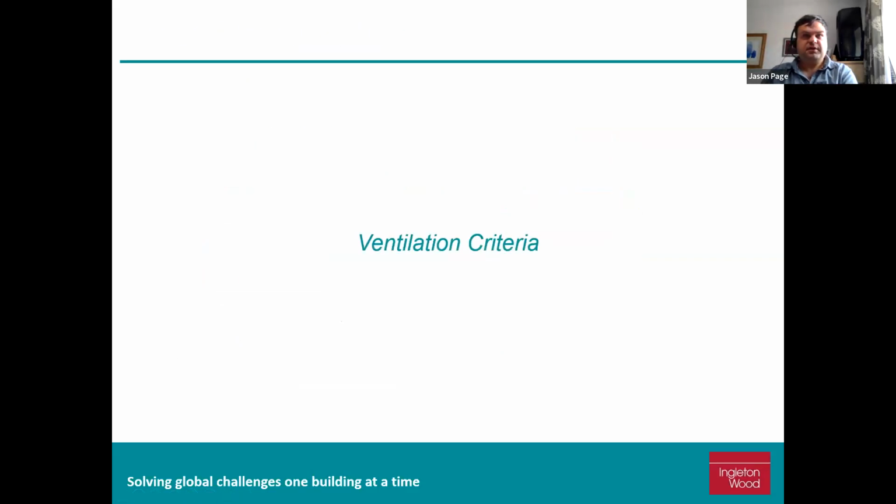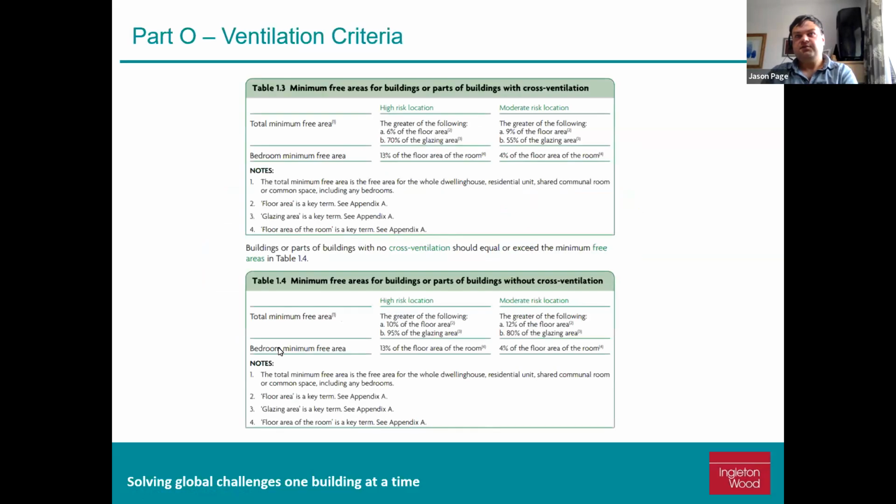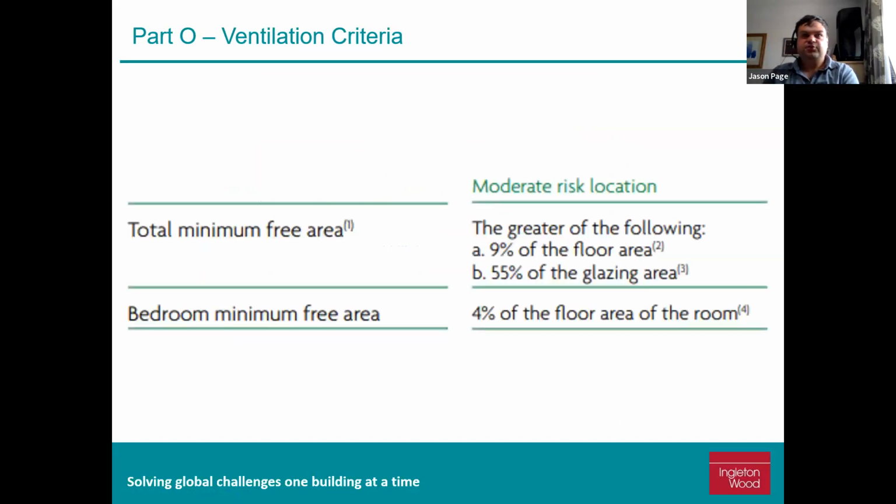So the next part is the ventilation criteria. Again, they are separated by whether the building is high risk or moderate risk, and whether there's cross ventilation or not. So this determines the figures that you use. For ventilation, we again have two targets.